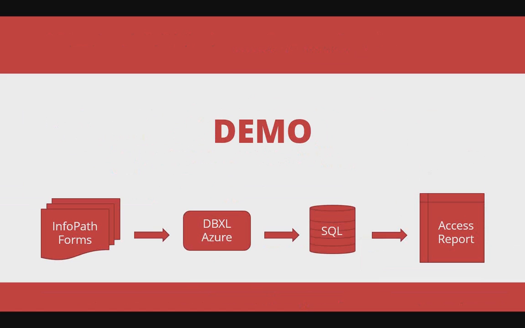This makes that data available for reporting inside Access. What's more, you have the option of preserving these very same InfoPath forms on SharePoint so that the end users can continue to open, edit, and submit their forms from inside the SharePoint interface that they are already familiar with.